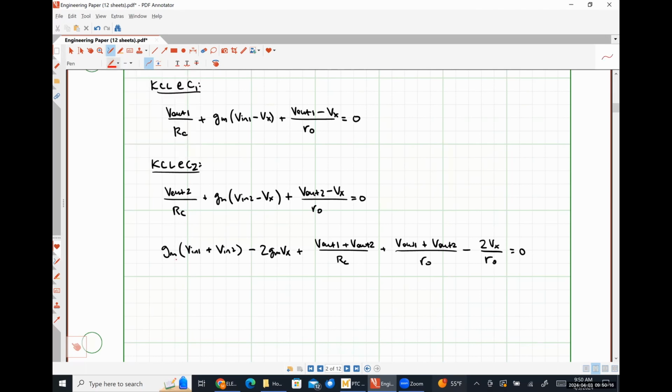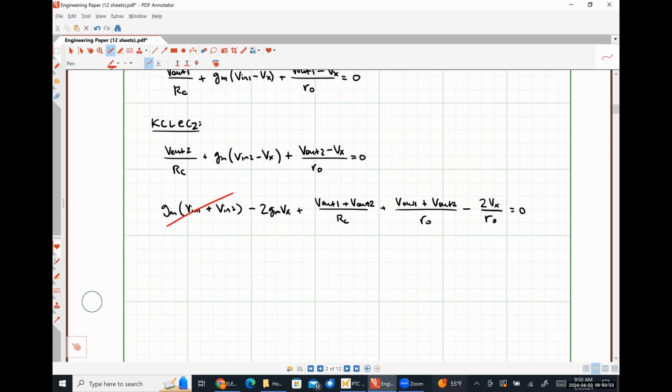So let's go ahead and cancel that guy out, since we know that Vπ1 plus Vπ2 is equal to 0. What we're going to do now is solve for Vout1 plus Vout2 in terms of Vx. Let me put Vout1 plus Vout2 in parentheses. I have a factor of 1 over R naught and a factor of 1 over RC on the left-hand side.